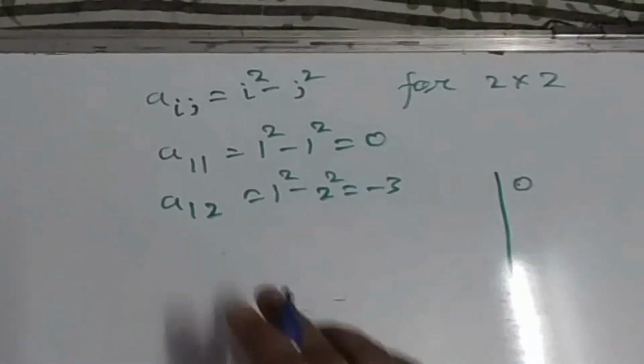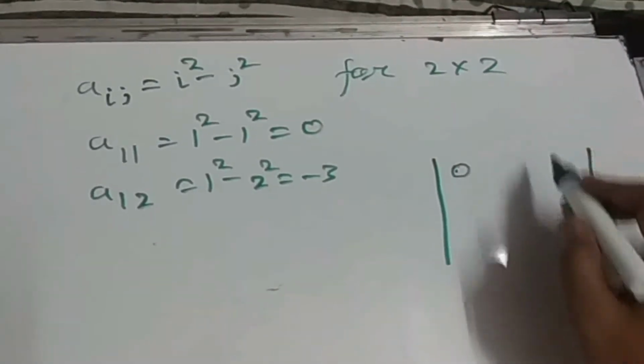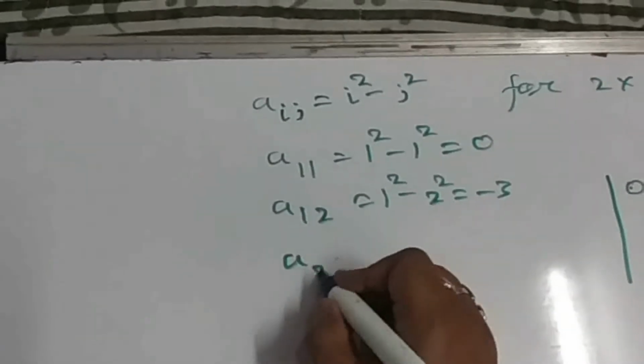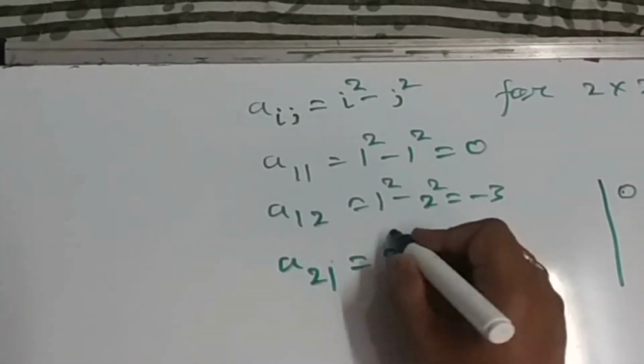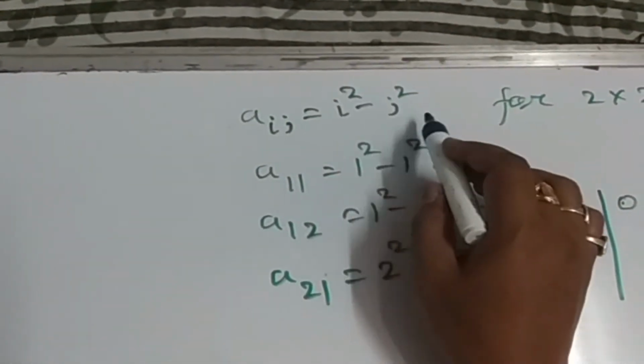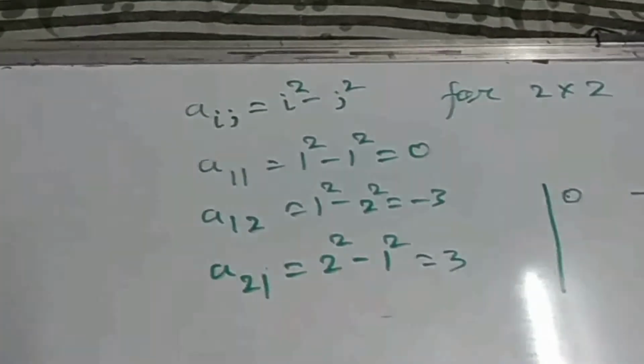A12 is this position, first row, second column, that is minus 3. Okay, A21, that is 2 square minus 1 square, row square minus column square, so it is 4 minus 1, that is plus 3. So A21, this position, plus 3.